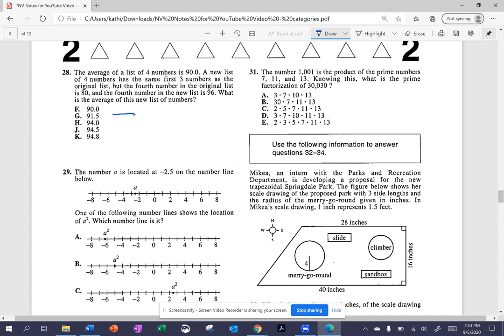Okay, so I have these 3 numbers, and then the 4th number is 80 on the first list. And on the second list, I have the same 3 numbers, and the 4th number is 96 on the second list.